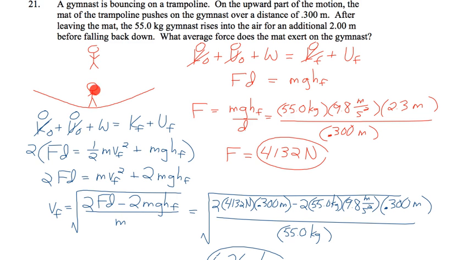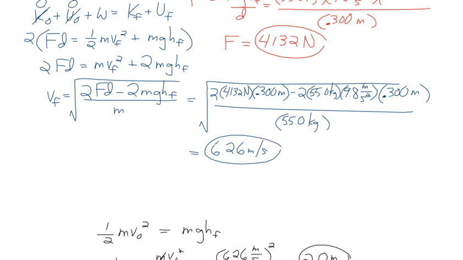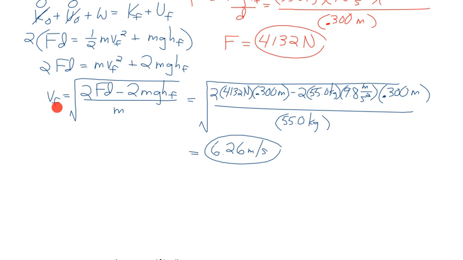Okay, so it was down here, this is final velocity for this part of the problem, but if I then wanted to solve for how high the person goes up in the air from the point that they leave the mat, that would represent the original velocity.